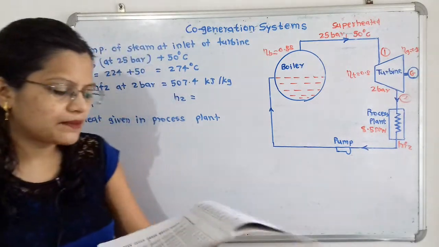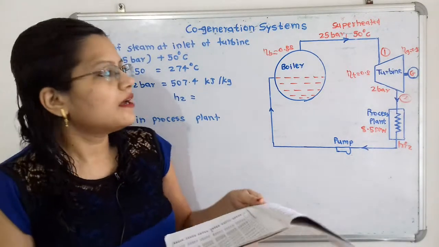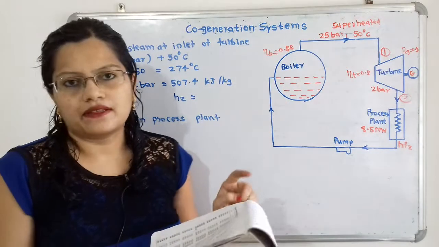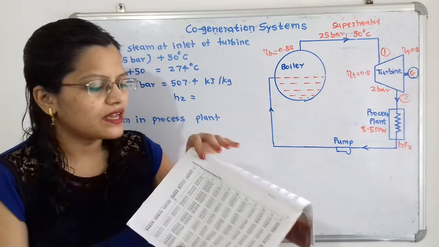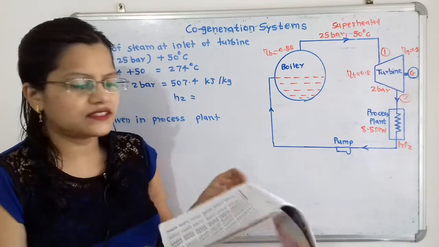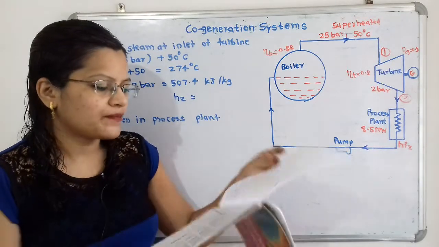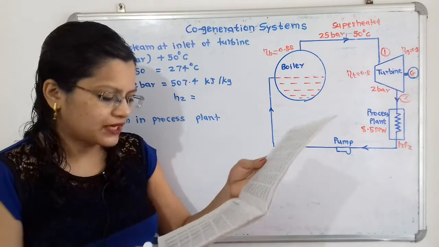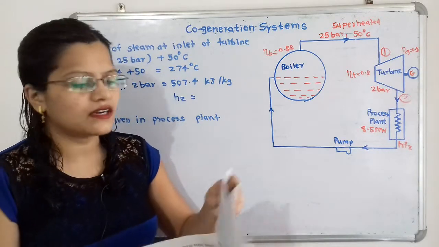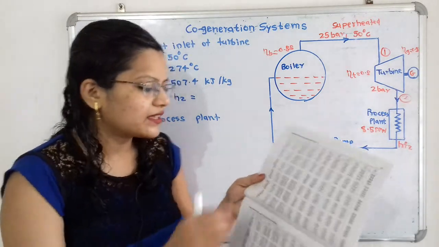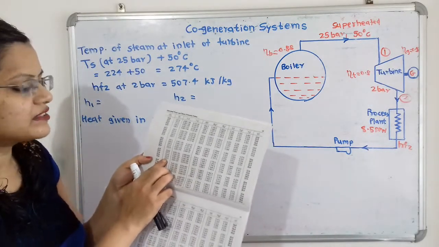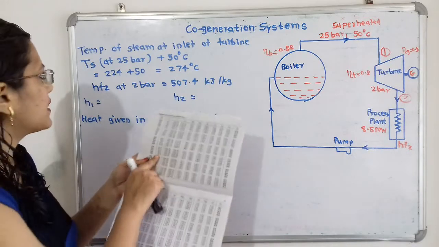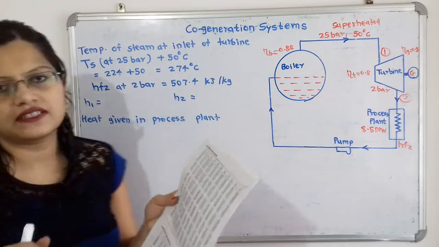From the steam table we will find the temperature at 25 bar. Since pressure is given, we refer to the pressure table, that is the saturated water and steam pressure table. In the first column pressure is given as 25 bar and in the second column temperature is given, and it is 224 degrees Celsius.